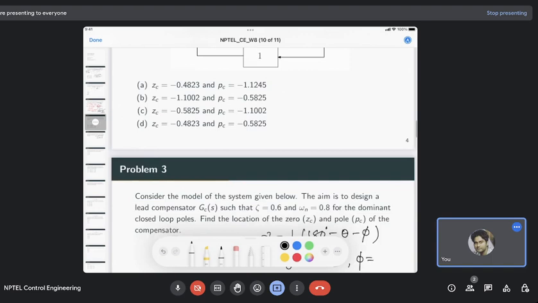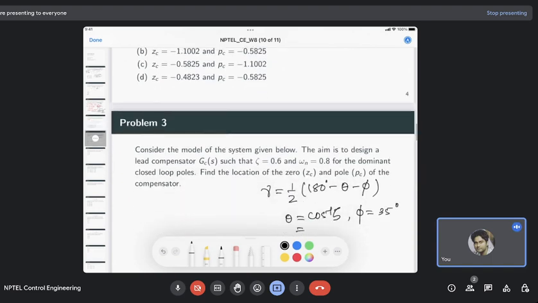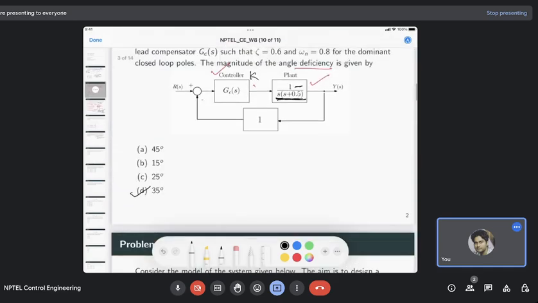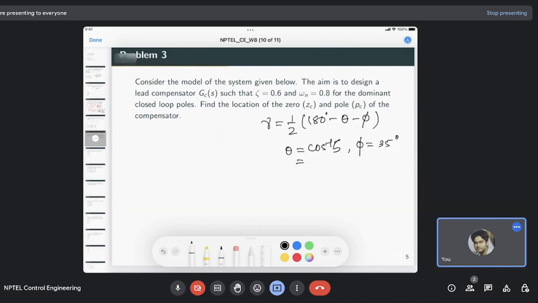And this cos inverse zeta is given as 0.6, so we can find cos inverse of this. Cos inverse of 0.6 is 53.13 degrees. Then using that, gamma is simply half of 180 degrees minus theta, which is 53.13 degrees, minus 35.